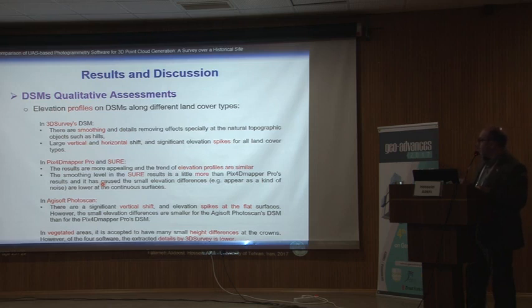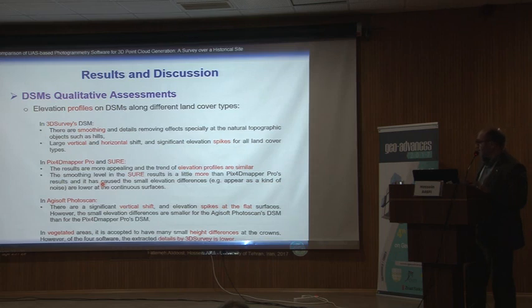The smoothing level in Shore is a little more than Pix4D, and it causes small elevation differences. Okay. In Agisoft, there are significant vertical shifts, always, and elevation spikes on flat surfaces. However, the small elevation differences are smaller in Agisoft compared to Pix4D.